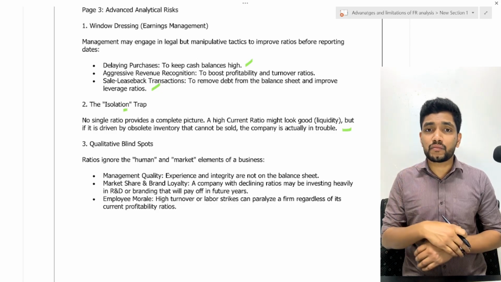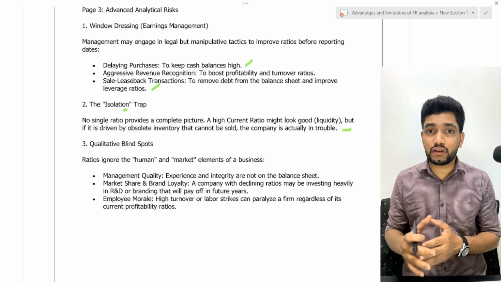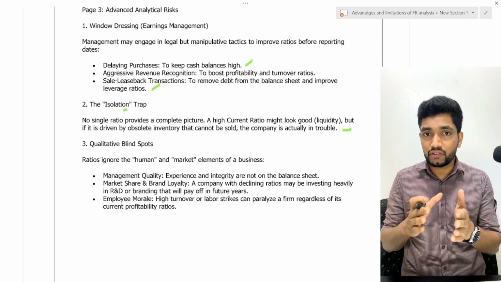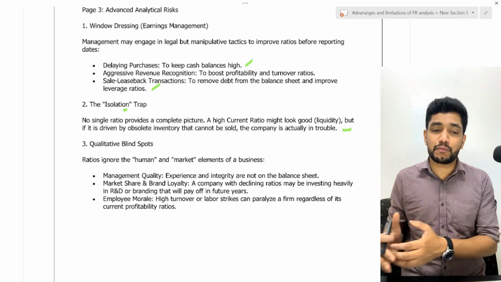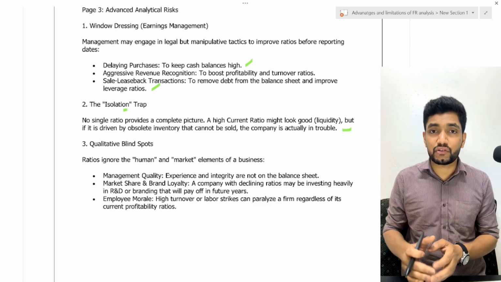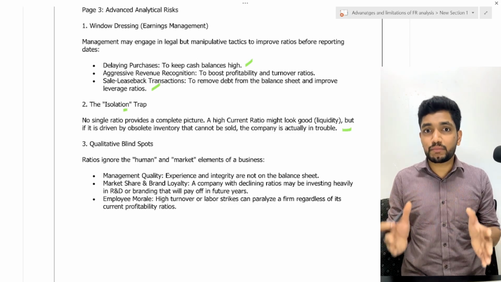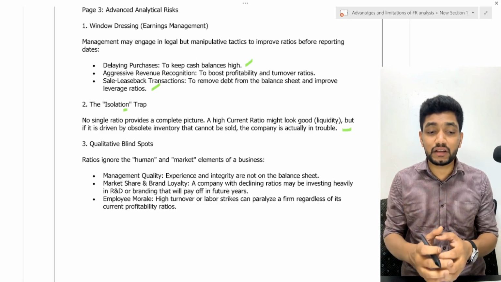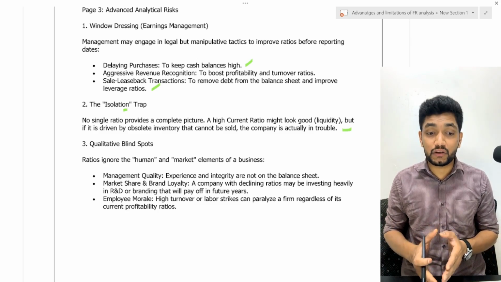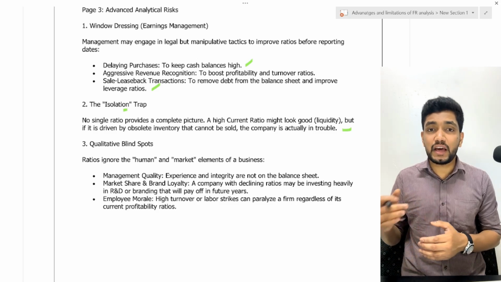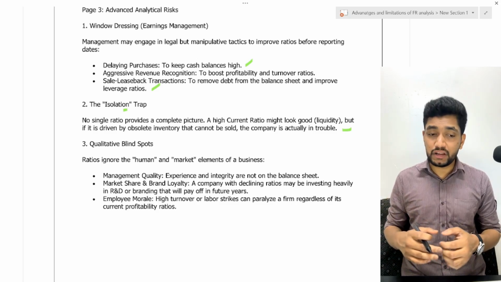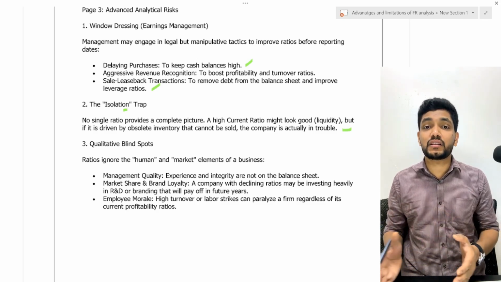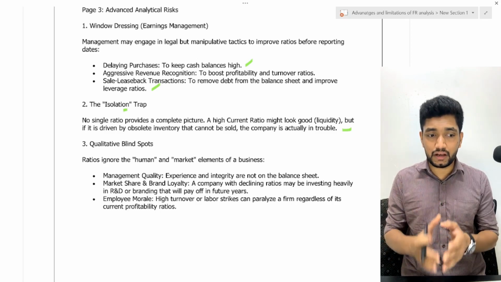But this is not 100% accurate performance, because this is an isolation trap actually. If the company is focusing only on the current ratio, this can happen. But the current ratio is not reflecting the actual performance of the company, because there are a lot of current assets in this list which are obsolete or very slow moving, so it is not 100% reflecting the real current assets in the company.